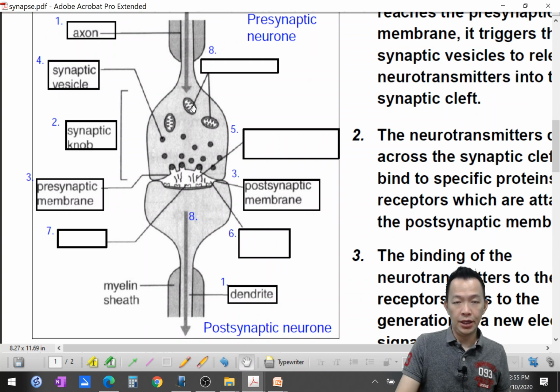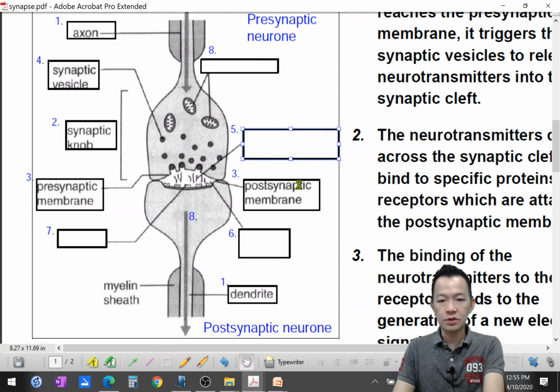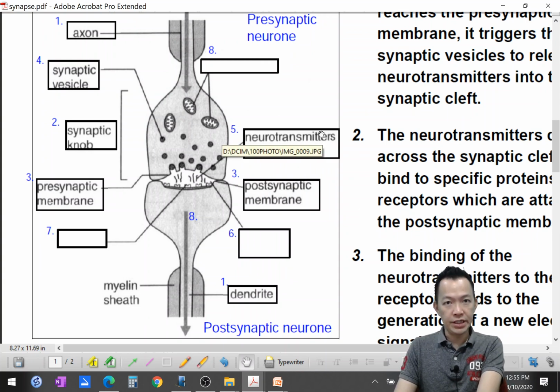Okay, story starts. Nerve impulses move from the axon to the synaptic node. It will trigger the synaptic vesicle to release the neurotransmitter. What is meant by neurotransmitter? It's a chemical substance, 一种化学物品, there are many kinds with many names.